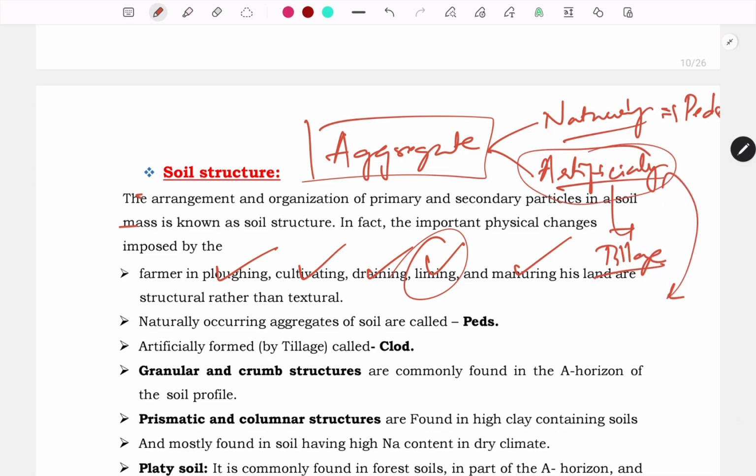For example, the MB plough. If you take the moldboard plough in the field, there are big soil aggregates. We are artificially creating these soil aggregates, and that is called clod. If it is natural, it is called ped. If it is artificial, it is called clod.